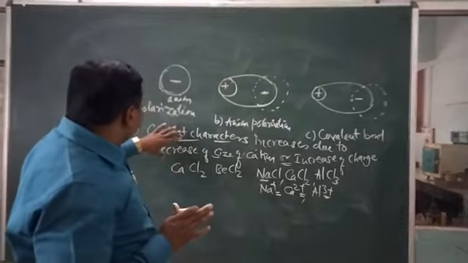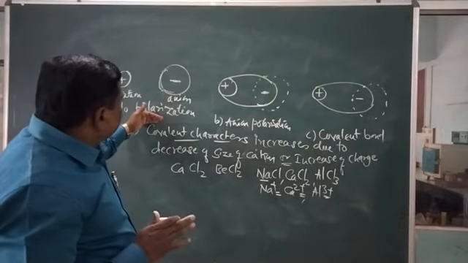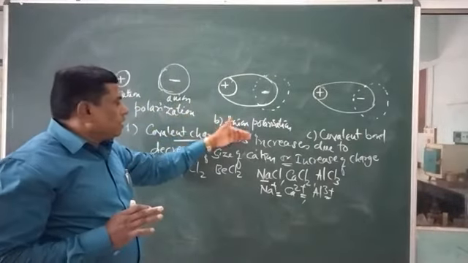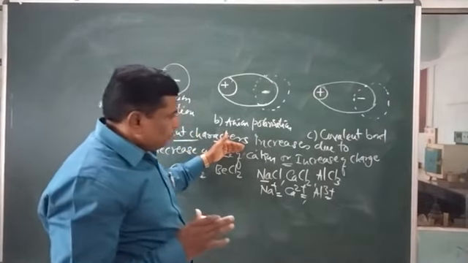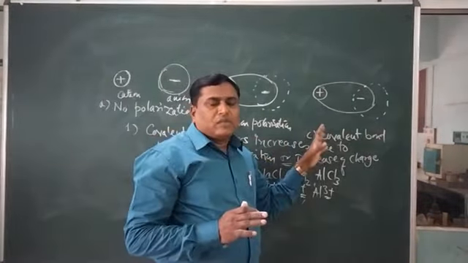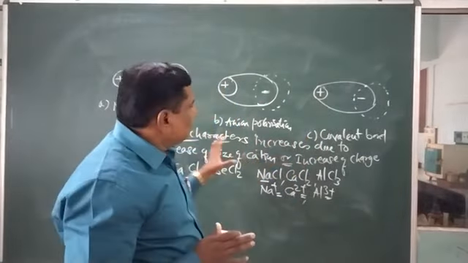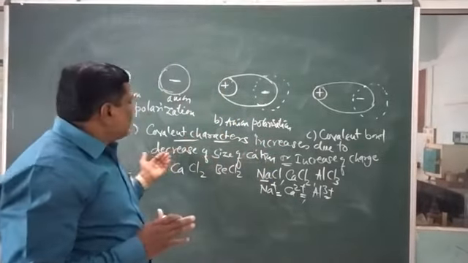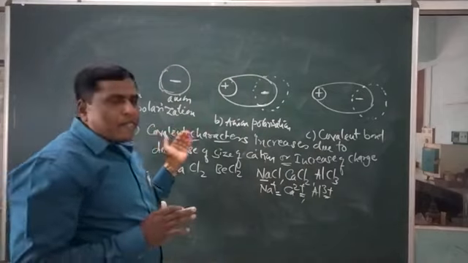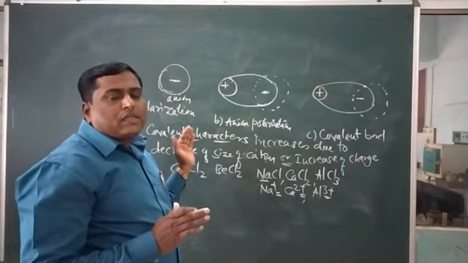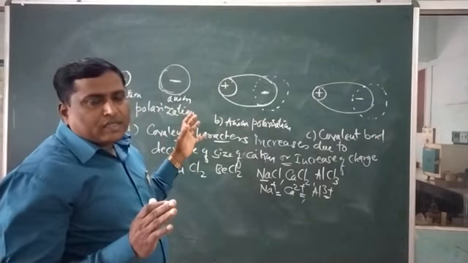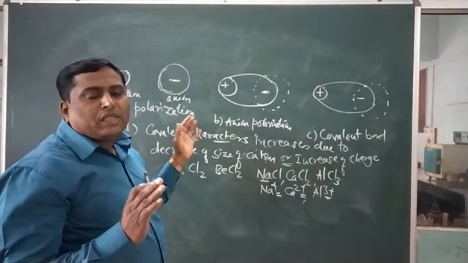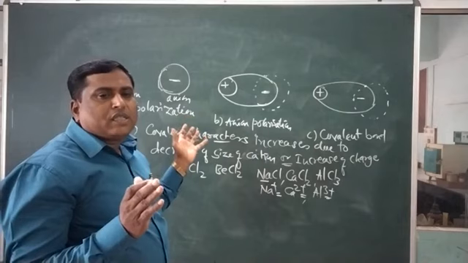The first rule is that covalent character increases due to decrease of the size of the cations or increase of the charge of the cations. This is the first point. Now the second point is that covalent character increases with the anions as concerned with increase in the charge and increase in the size.